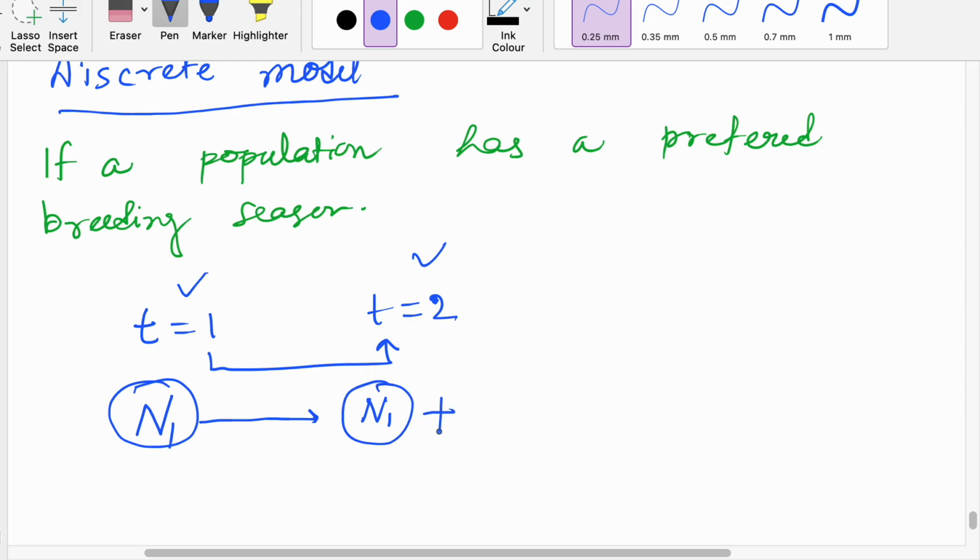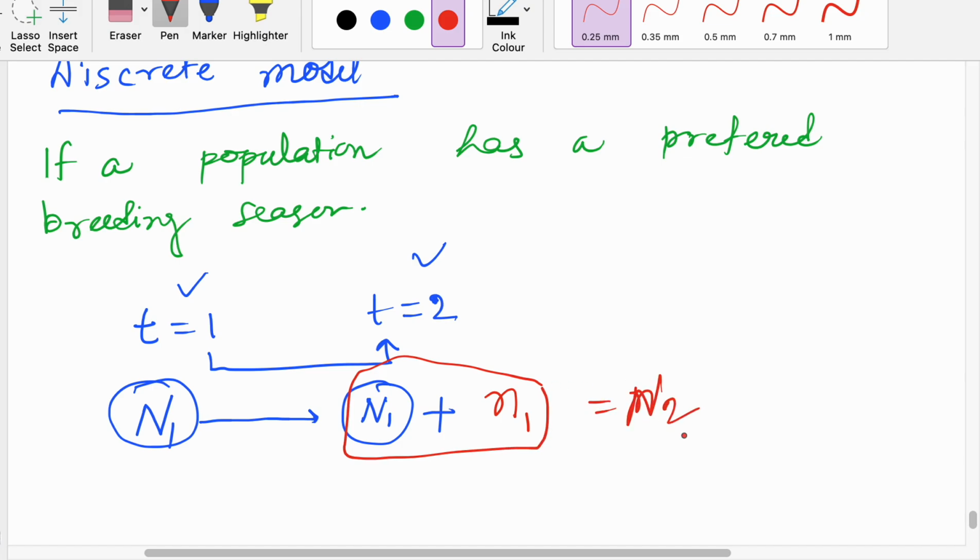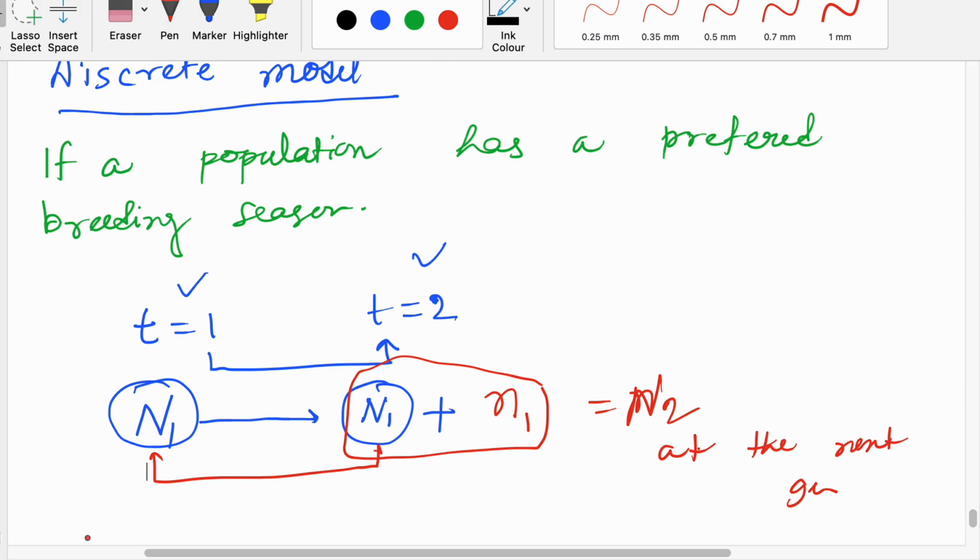Now suppose these n1 individuals reproduce, and then we will see n1 plus n equal to n2 at the next generation. In between, from birth to reaching reproduction age, we will see no change in the population. So the population is not changing in a continuous manner, it is changing in a completely discrete manner.